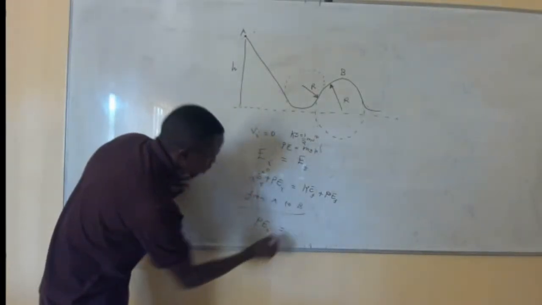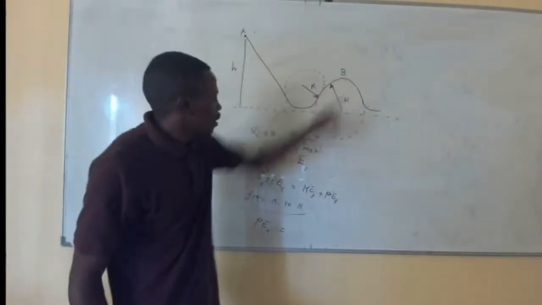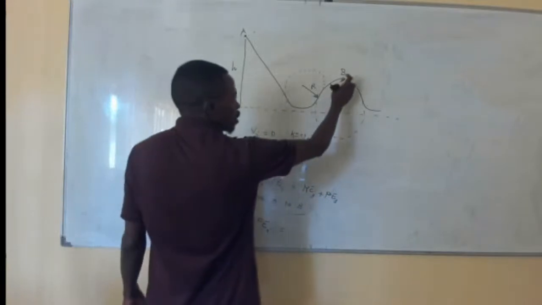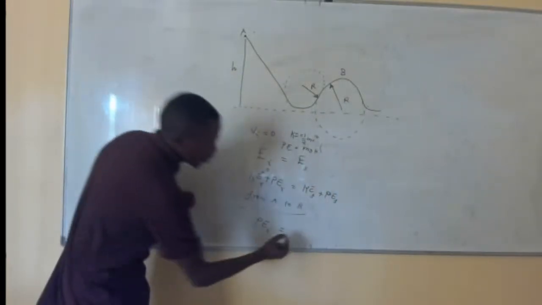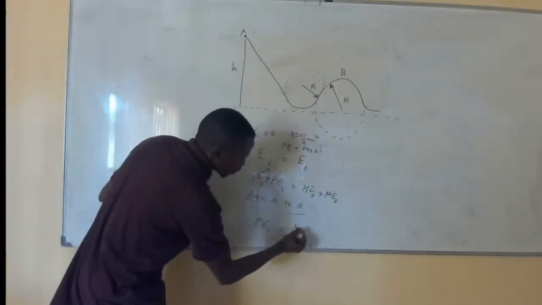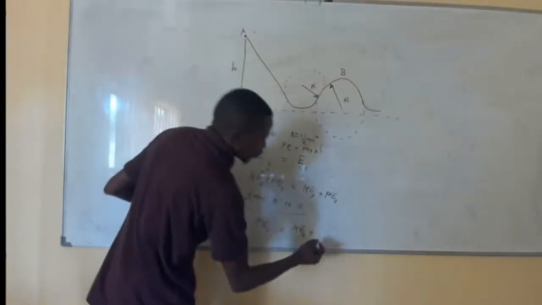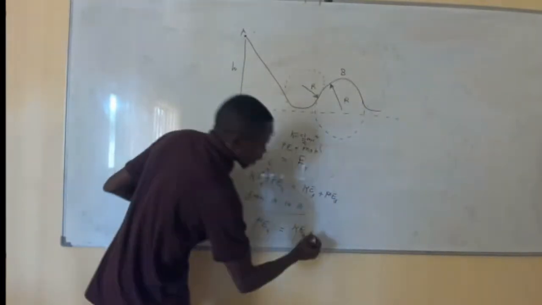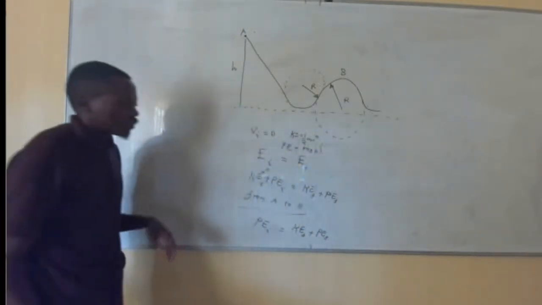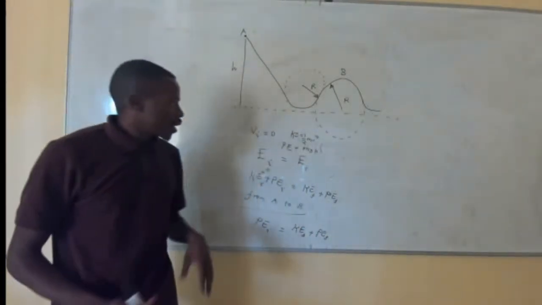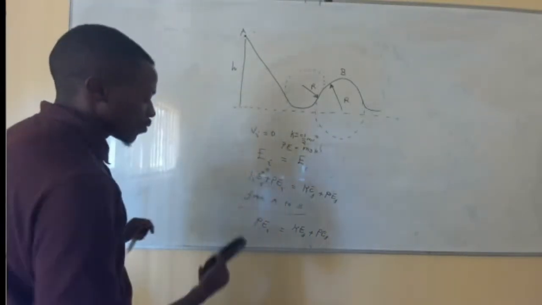Looking at our total final energy at point B, we still have the kinetic energy final plus the potential energy final, because this thing has a height. In this scenario, we are neglecting friction, so we do not consider the work done by friction.